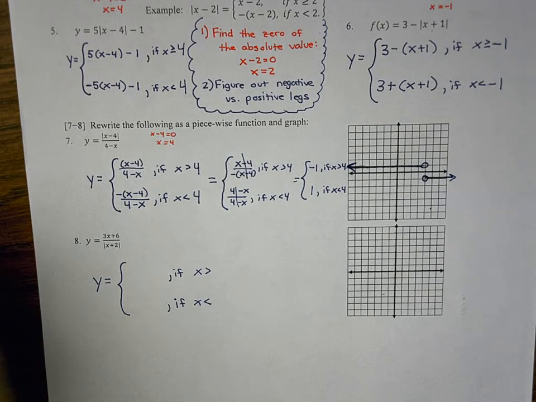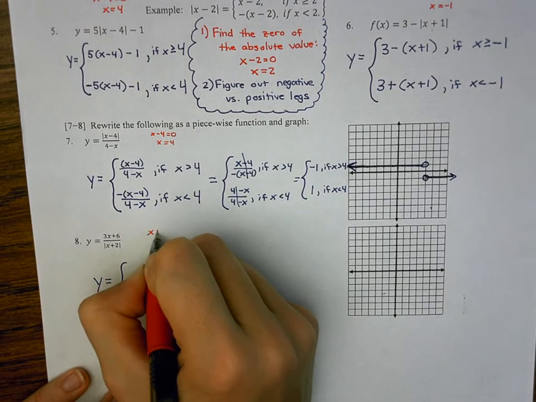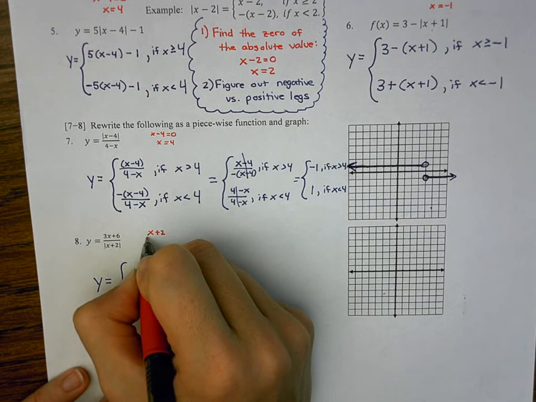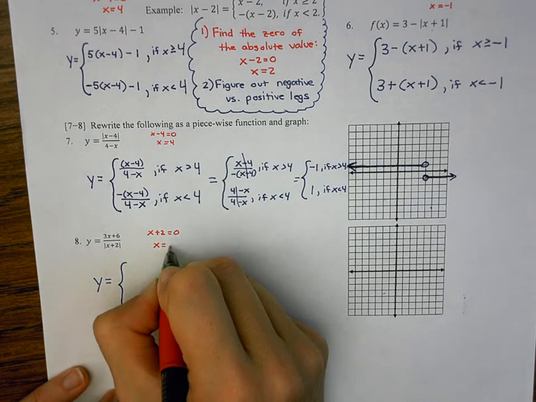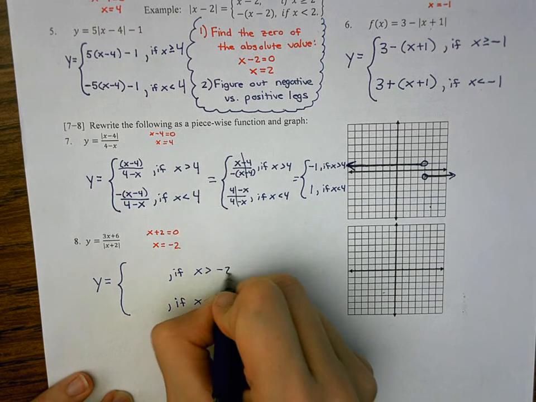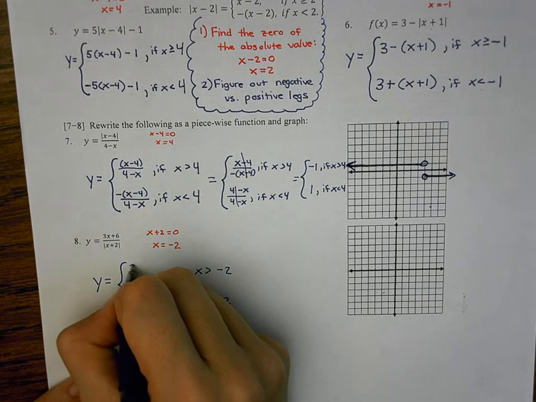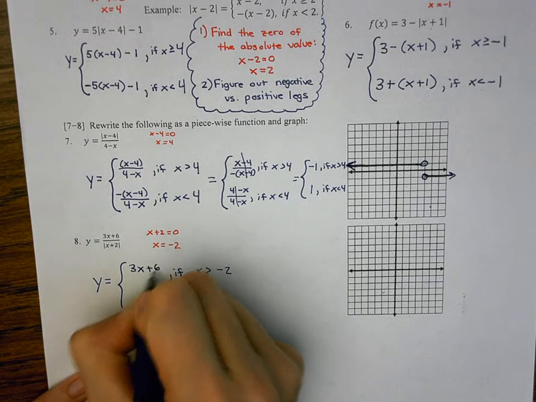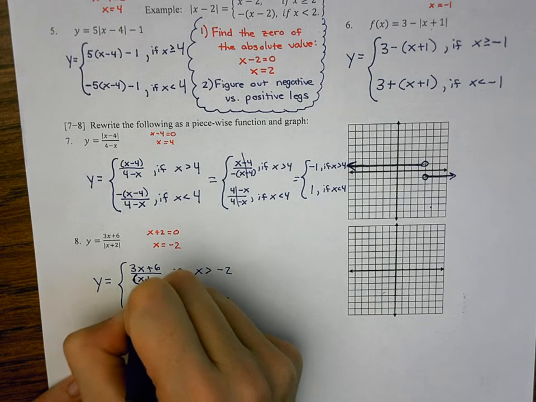So step 1, find the 0 of the absolute value. Let's take that x plus 2 and set it equal to 0. Where's my 0? That'd be negative 2. Then, rewriting this, I want to remove my absolute values, which I can as long as it stays positive.